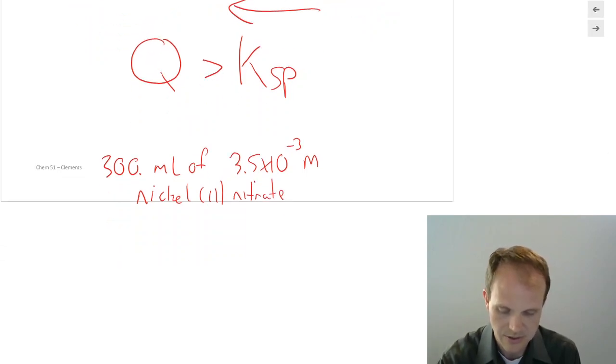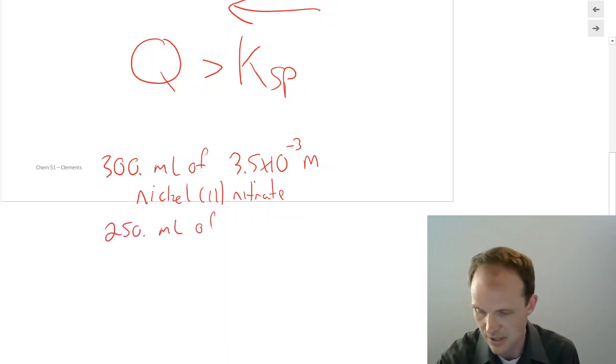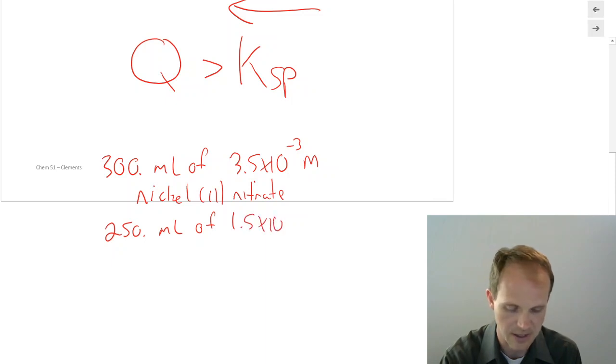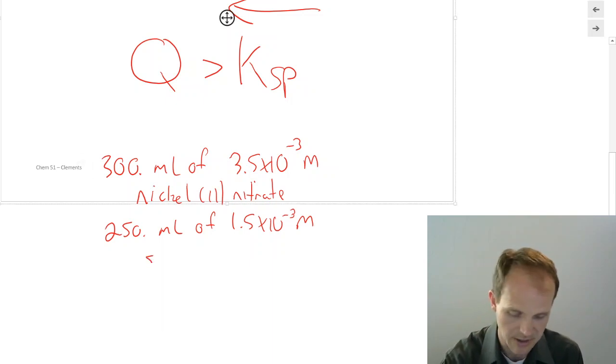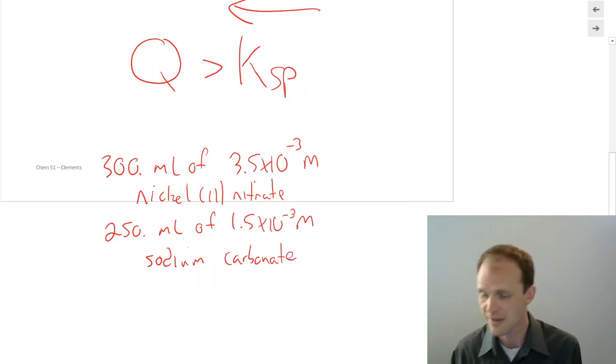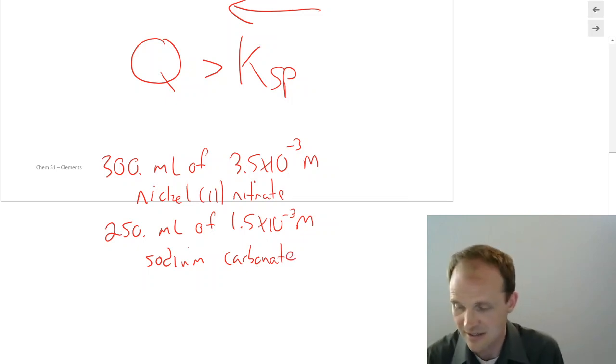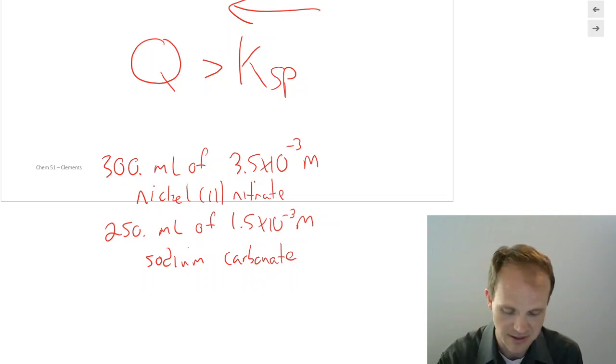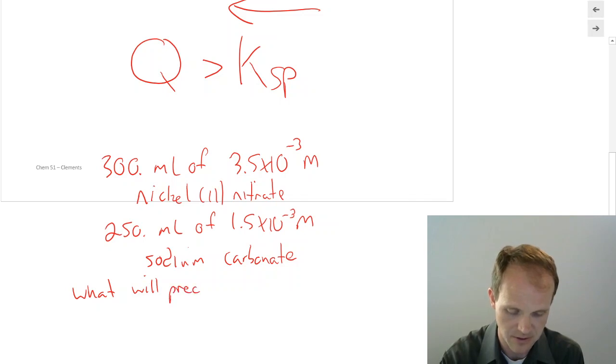And it's going to also be mixed with 250 milliliters of 1.5 times 10 to the minus third molar sodium carbonate. And we're going to try to figure out what, if anything, is going to precipitate. Okay, what will precipitate? If anything.